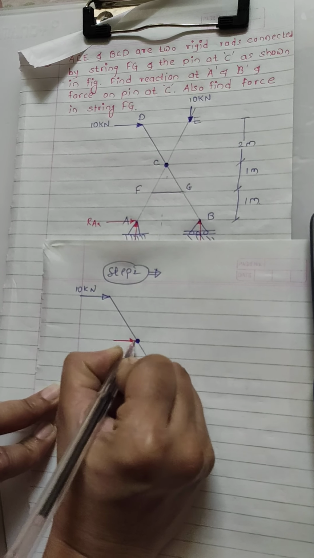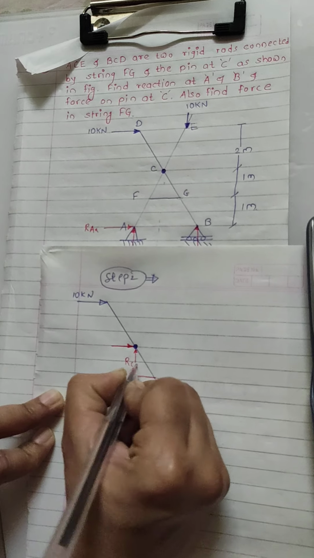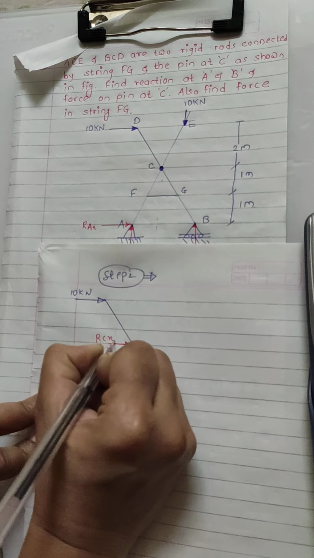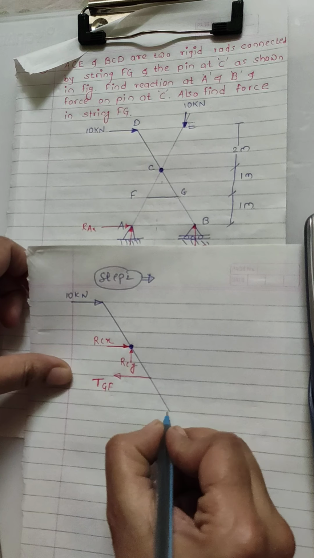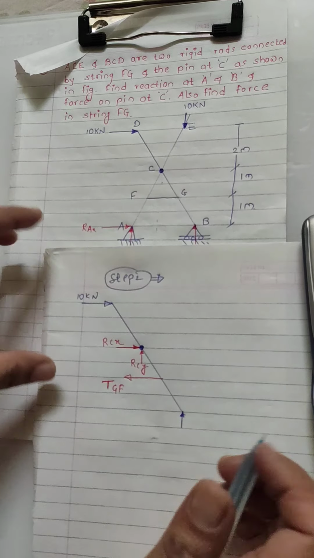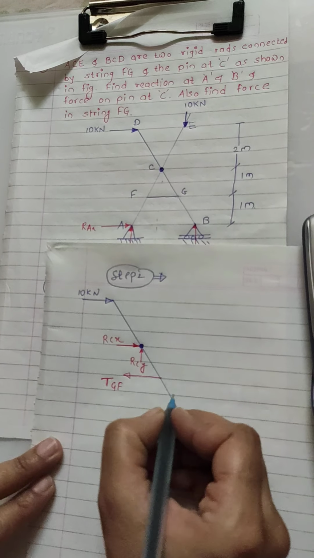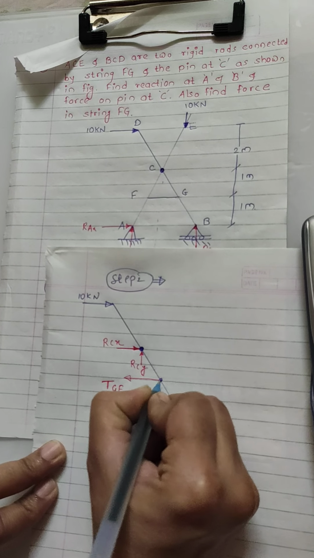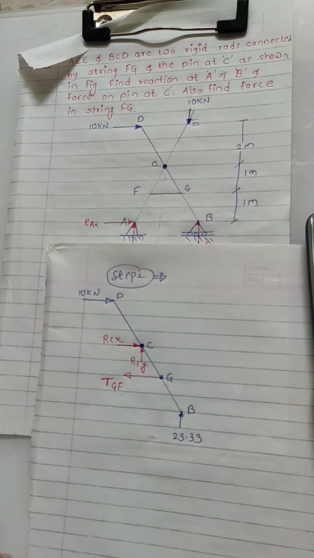I am assuming these are again my assumed reactions, RCY and this is RCX. And at the bottom there is a roller, and on the roller there is one reaction in y direction, and the value of RBY is plus 23.33. B, G, this is C, and this is D.